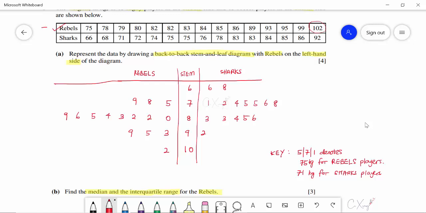The center of the Rebels group will be the 8th value. You can see that 1, 2, 3, 4, 5, 6, 7, 8. So this is the center value, number 8. Therefore, for part B, the median, very easily you can get the value 84. So 84 will be the median for the Rebels group.